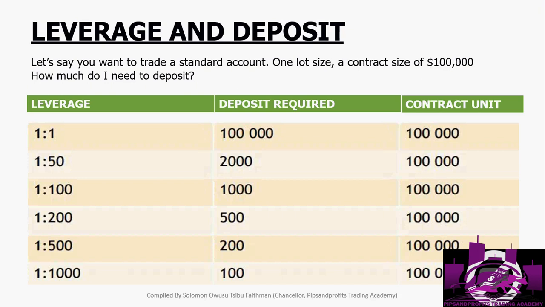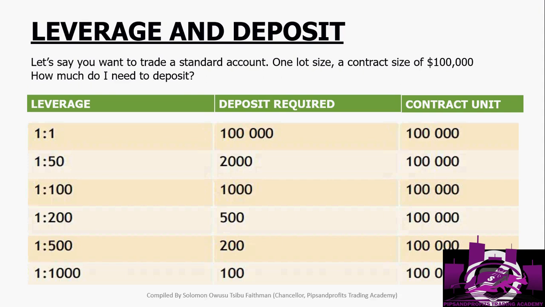And then if you are given 1:1,000, it means that the deposit that is required of you is just $100. And with $100, you are going to be able to trade a contract size of 100,000. Now, with this said, you can see that when you are being given leverage, leverage helps you to control a higher value or be able to trade a higher value even if your deposit is very small.